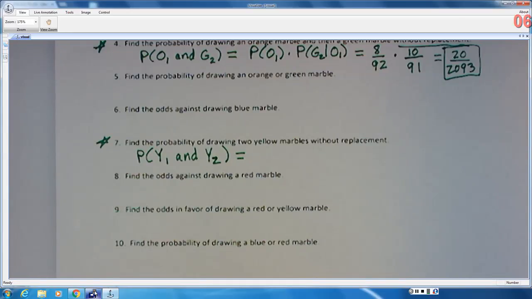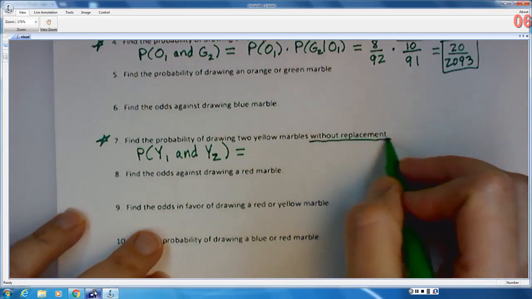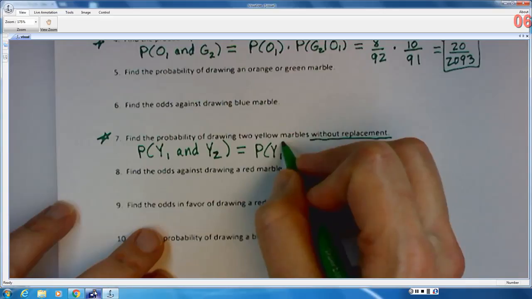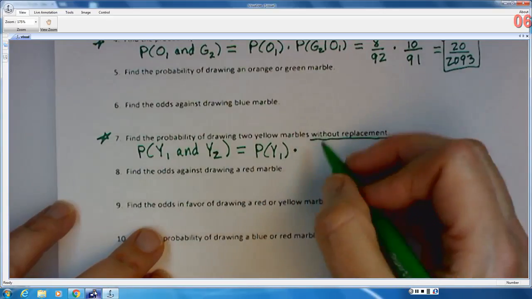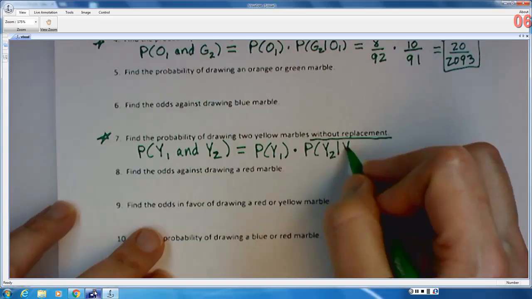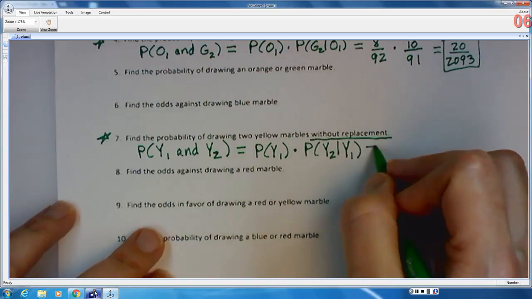Okay, and it's without replacement again. And so this is probability of drawing a yellow on the first pick times probability of drawing a yellow on the second pick, given we've already drawn a yellow on the first.